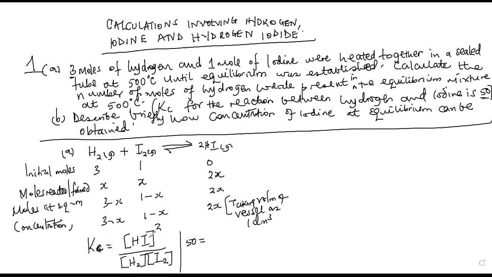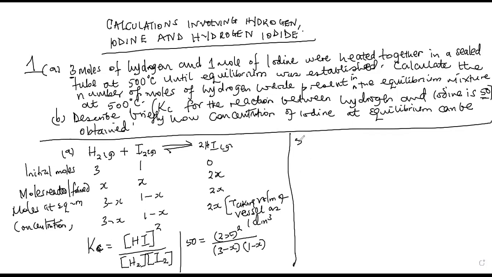50 is equal to the concentration of hydrogen iodide, which is 2x, squared, over the concentration of hydrogen, 3 minus x, then 1 minus x. So we solve that equation for the value of x.